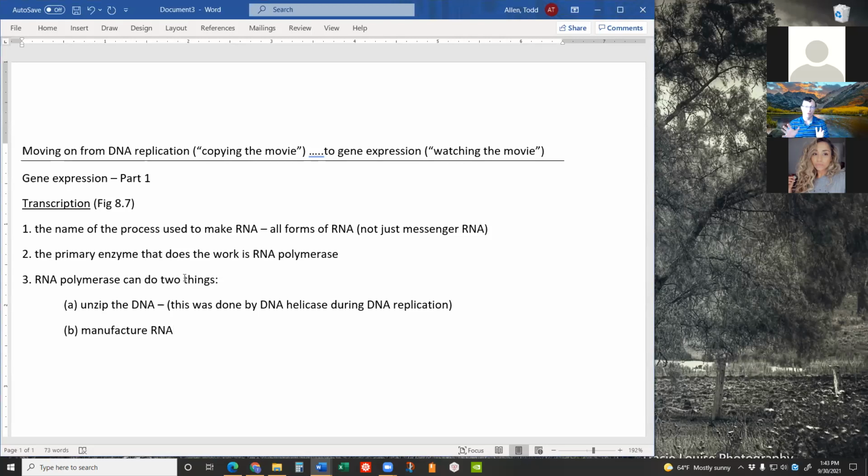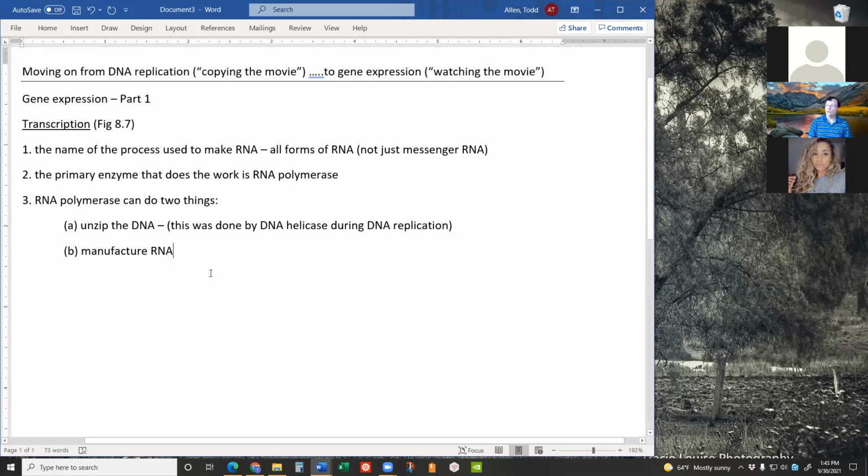So RNA polymerase is the big honcho here. There are other enzymes involved, other proteins, other machinery. We are presenting a simplified perspective to you, but that's okay right now. We're just trying to get you into the topic. So RNA polymerase can do two things. It can unzip the DNA and it can manufacture the RNA.